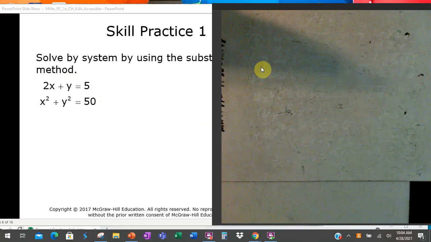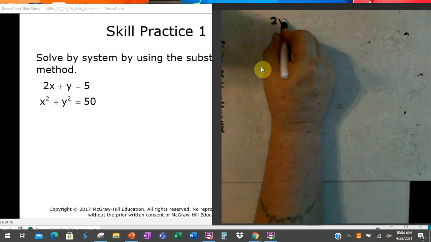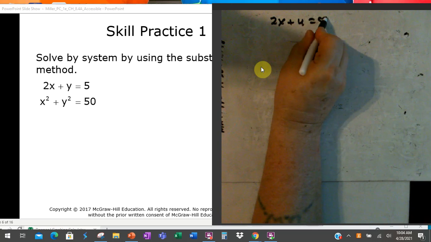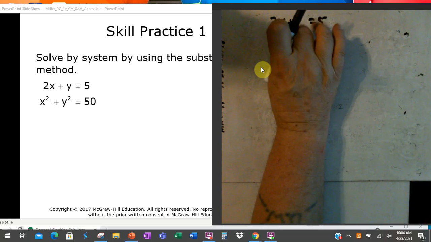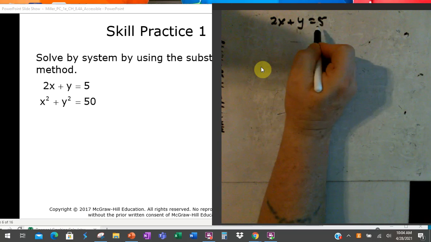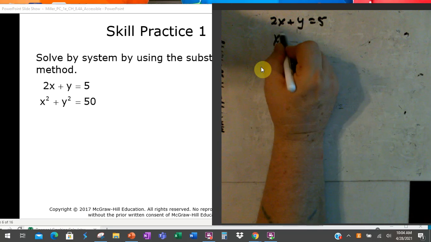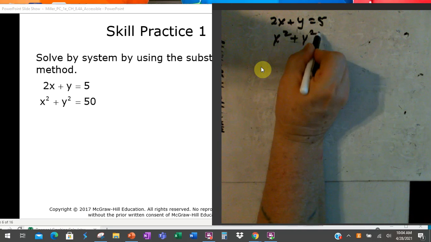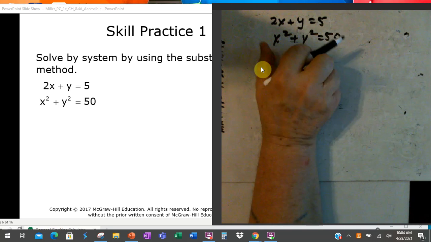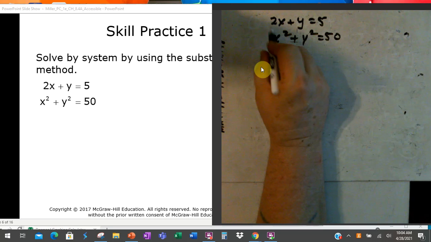So here's another one that I couldn't do addition on. If I did 2x plus y is equal to 5, and then I had x squared plus y squared is equal to 50, I couldn't multiply this by any numbers to get it to work. If I multiplied this by 2, I'd have 2x squared.